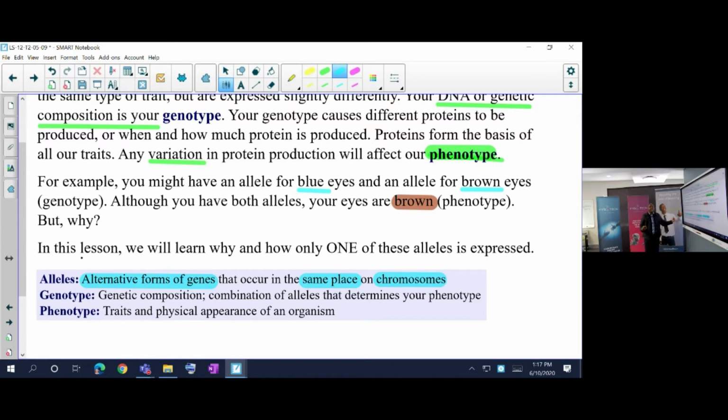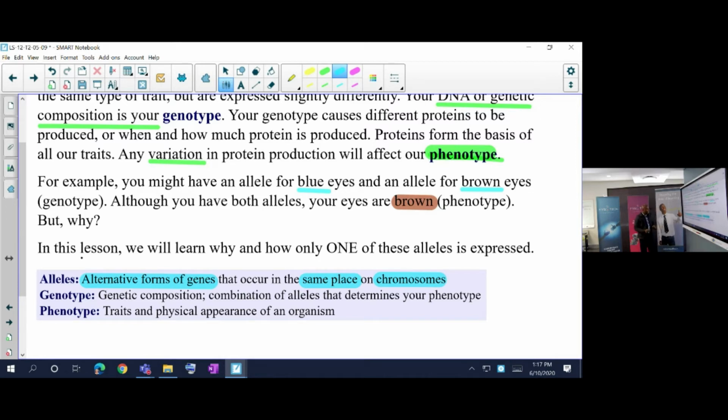The composition that I carry for height, that's my gene, has made me to be short. Or maybe I can say I'm moderately short, in between being high and being tall. So phenotype, what we see, is the physical appearance of an organism.